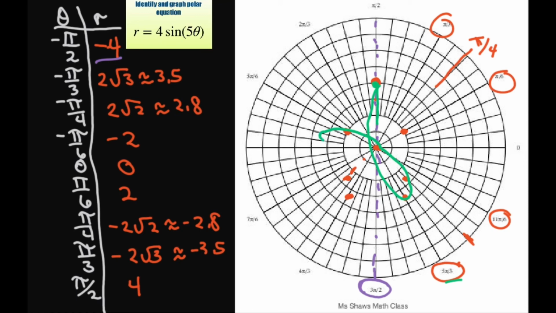It comes back through. It comes back around. Comes back through this. Comes back around. We could have actually used more points. This one's probably better done with a calculator. All right, so that's kind of the sketch of the graph.